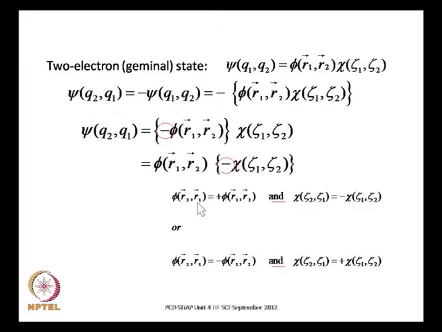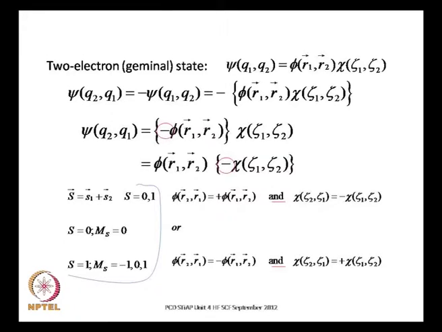So, phi r2 r1 should be equal to plus phi r1 r2, right, and chi zeta 2 zeta 1 must be equal to minus of chi zeta 1 zeta 2, okay, or you should have phi r2 r1 to be equal to minus of phi r1 r2. So, either the orbital part is symmetric or the spin part is symmetric, but not both.